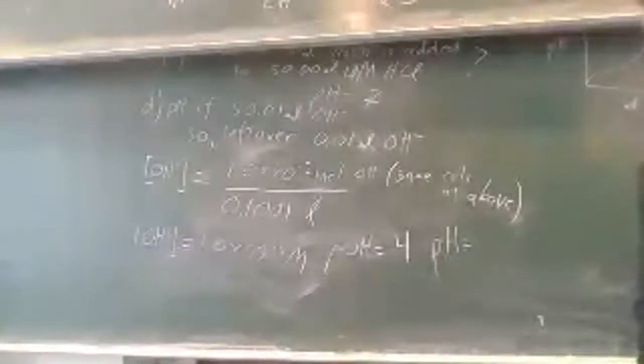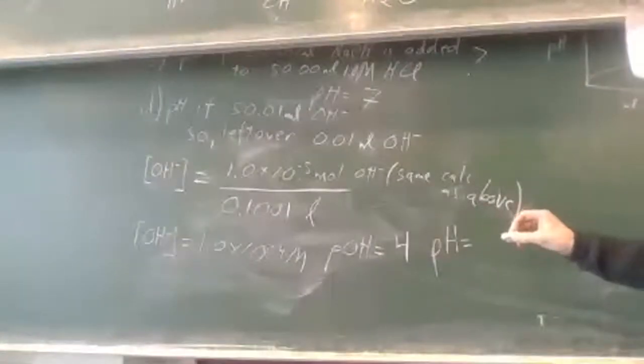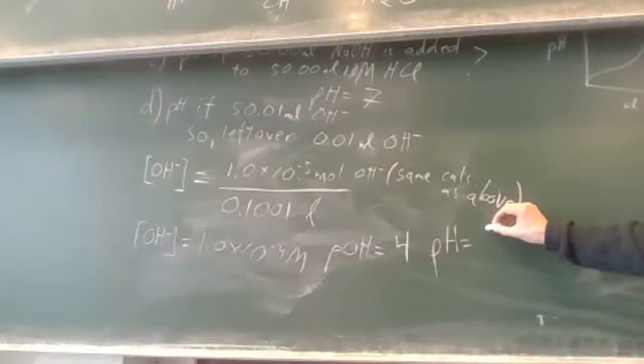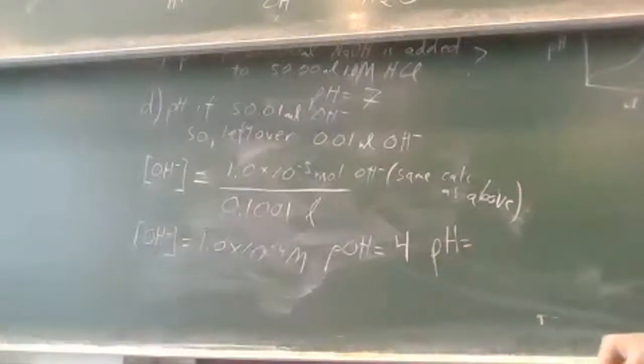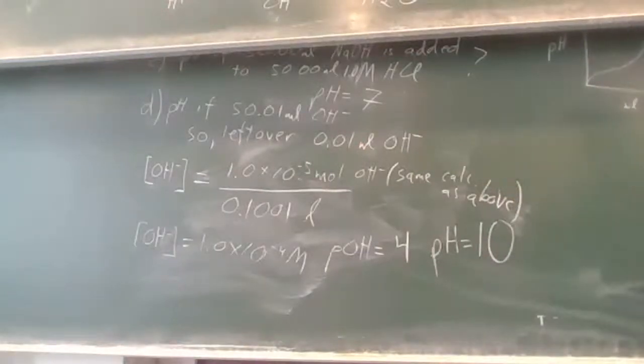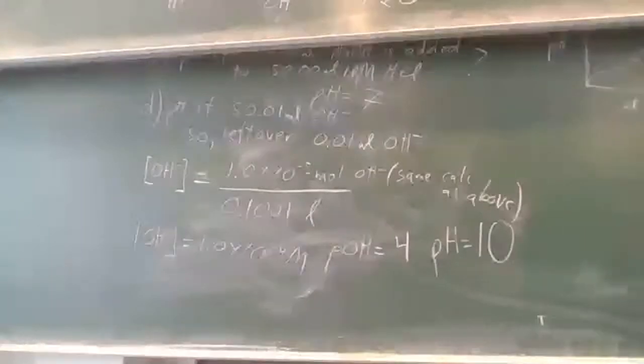Well, they add up to 14. So what'll be the pH? That's 4. They add up to 14. So 10. There you go. Is that acidic or basic now, Penelope, if it's got a pH of 10? Basic.